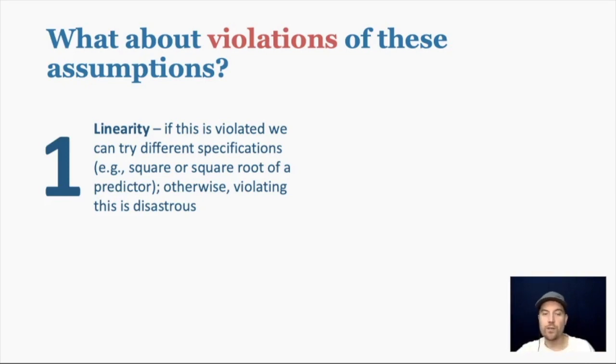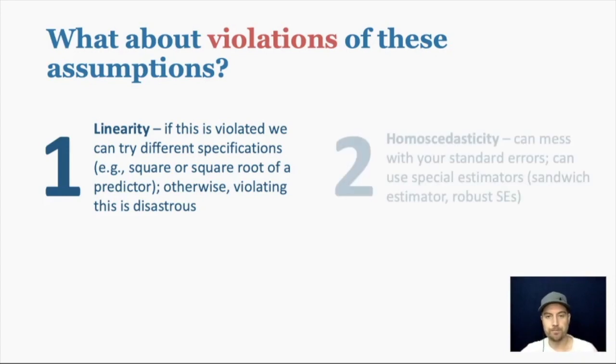Your coefficients are going to be totally wrong. For example, if the relationship is really curvy like this, then there might be a really strong relationship that's curvy, but the coefficient will be totally flat, which is totally wrong here. So violating this one when it's strong is really problematic.